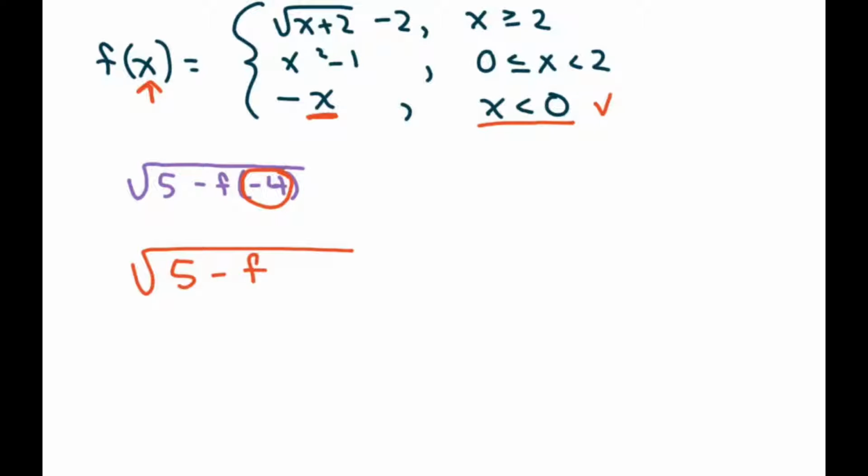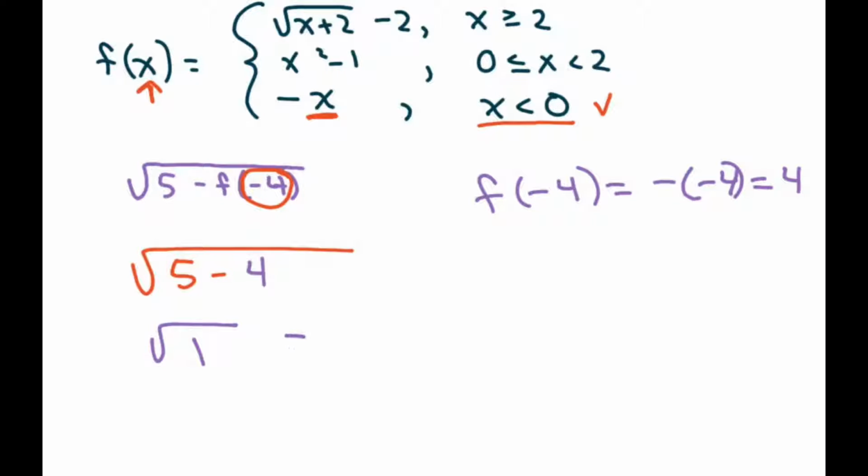And f of negative 4, let's just do that separately. f of negative 4 equals, plug in negative 4, that equals 4. So we get 5 minus 4, which is the square root of 1, which equals 1.